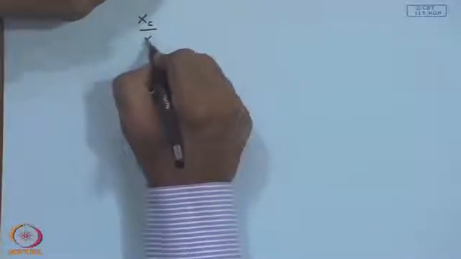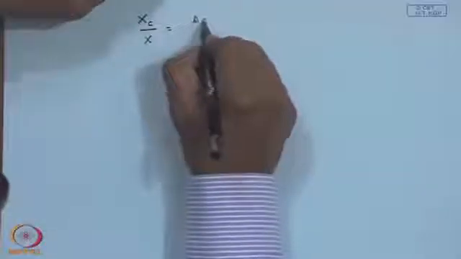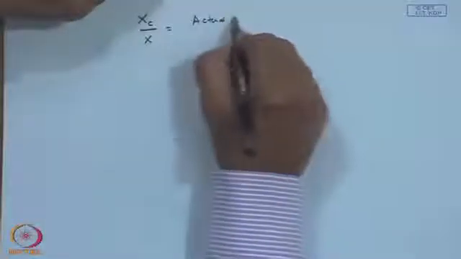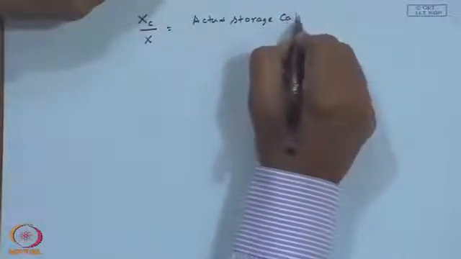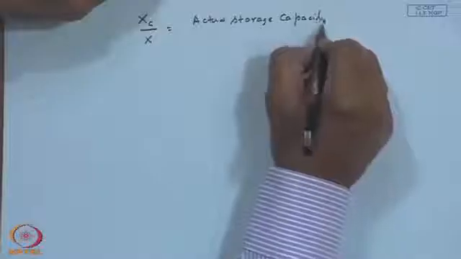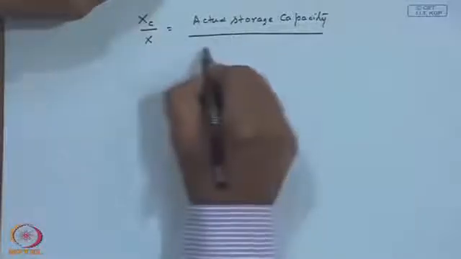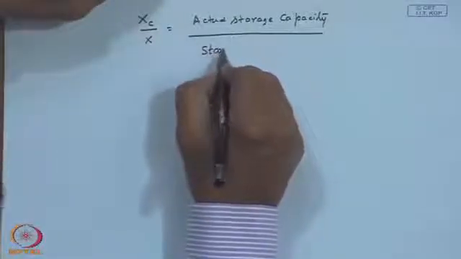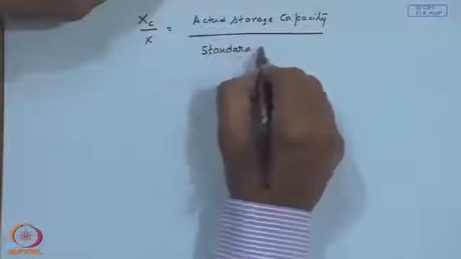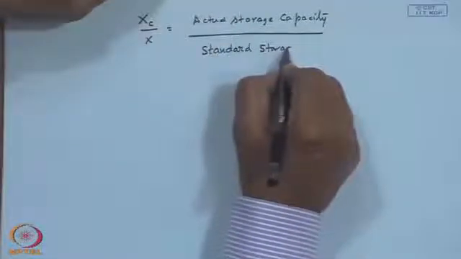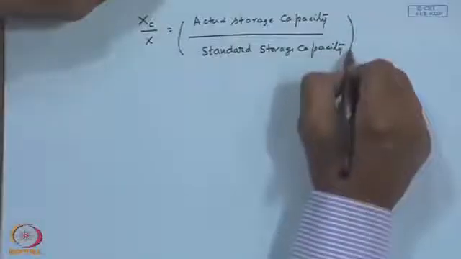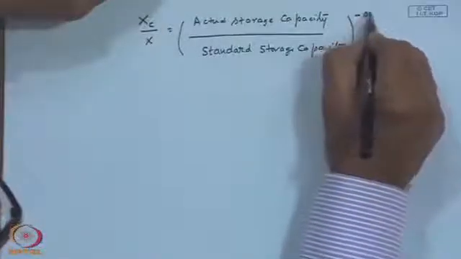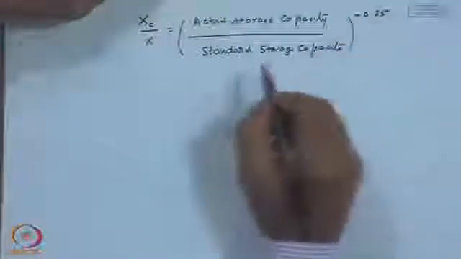X c upon x is the actual storage capacity by the standard storage capacity to the power minus 0.25.